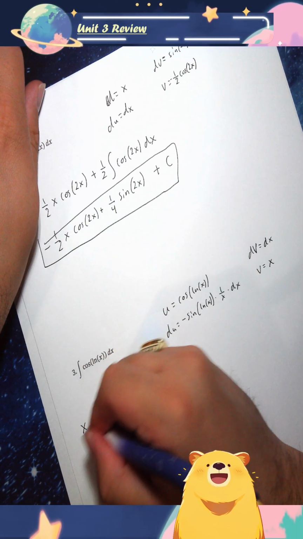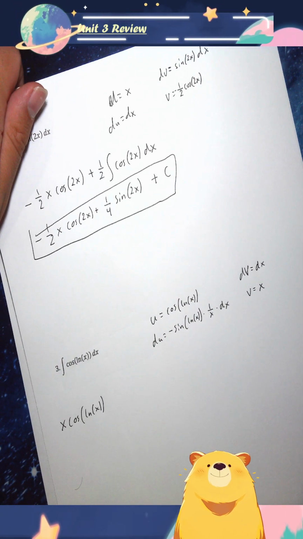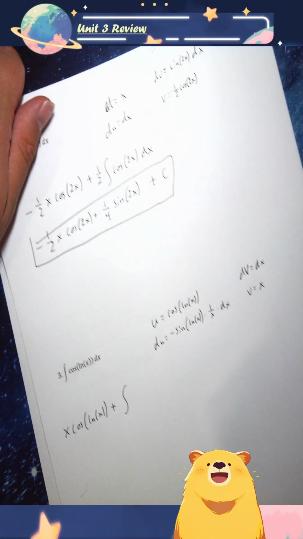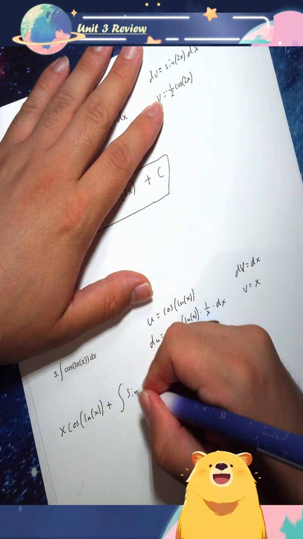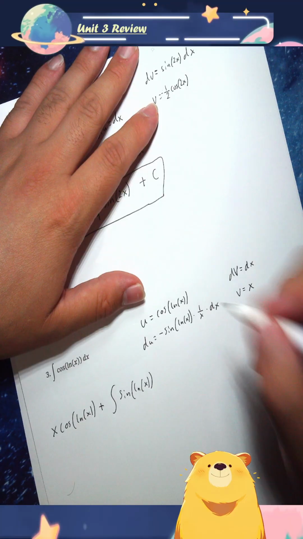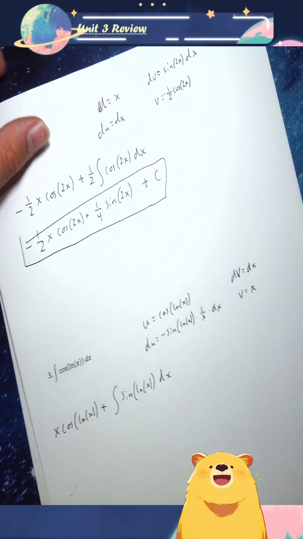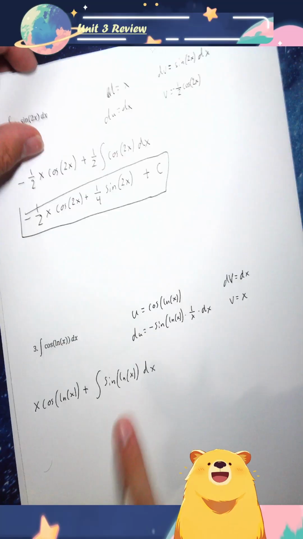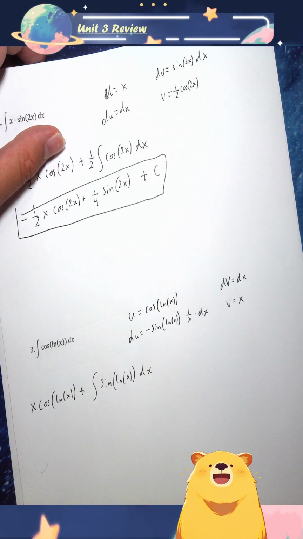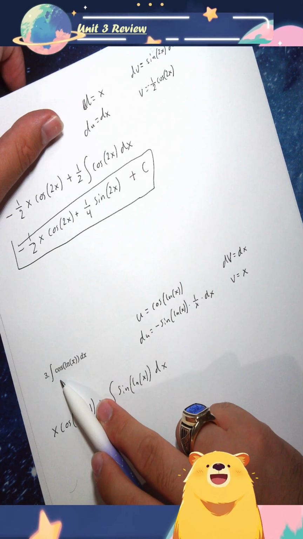So then we have x times cosine of ln of x. And then we have this combined, so minus, which I'm going to take that minus, we get plus integral of sine of ln of x. That will cancel out, and then dx. So it seems like we're not going to get rid of this anytime soon, but we know that these cosine ideas tend to repeat. So what will probably happen is we'll make this appear again, then solve for this the old-fashioned way.